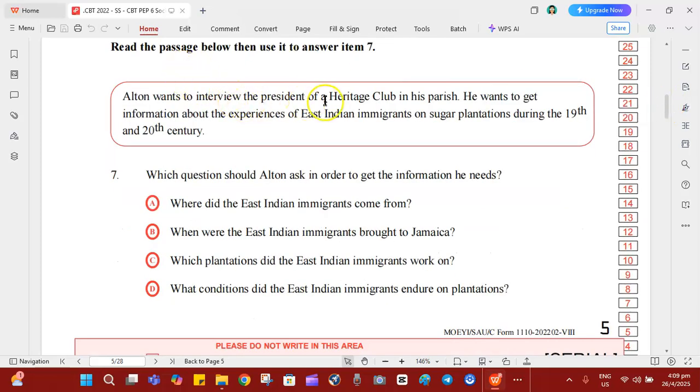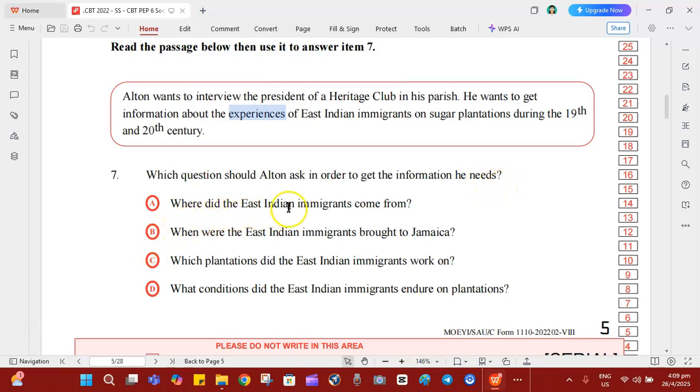Alton wants to interview the president of a heritage club in his parish. He wants to get information about the experiences of the Indian immigrants on sugar plantations during the 19th and 20th century. So what he wants is to know about their experiences, all right? So which question should Alton ask in order to get the information he needs?